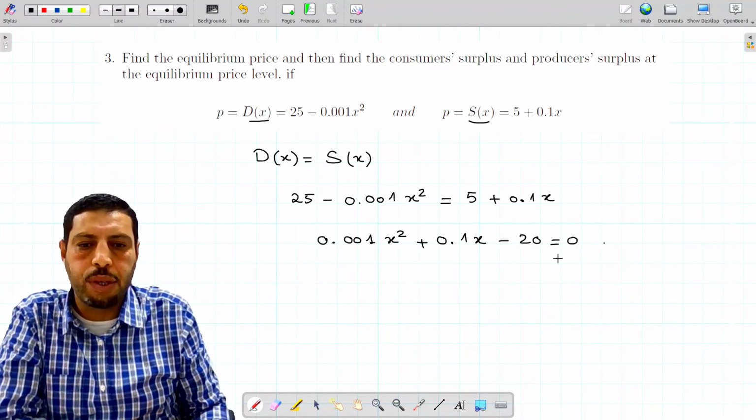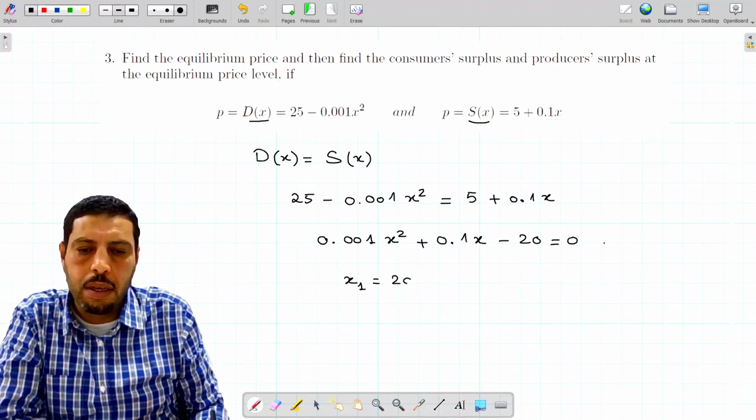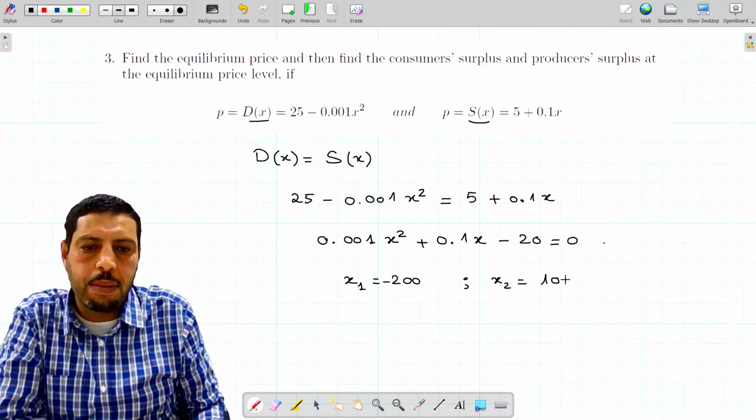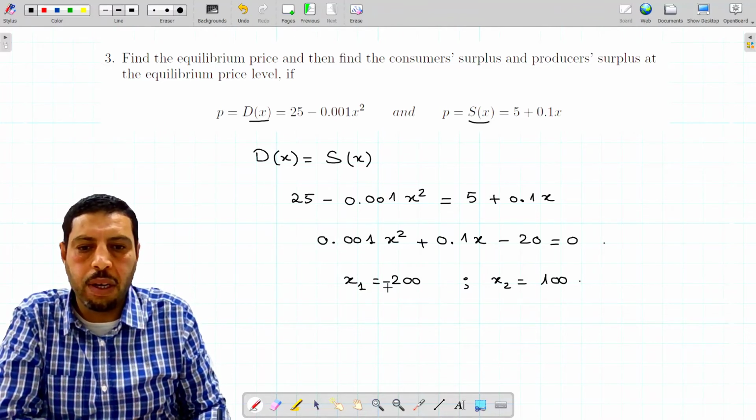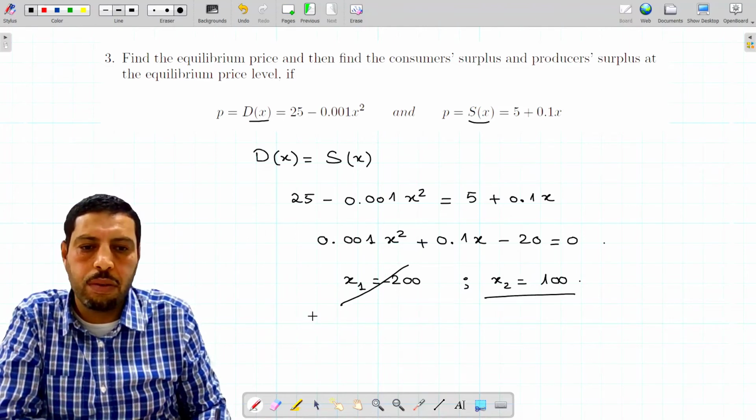Here you're going to find two solutions for this second degree equation. The first one is x1 equals negative 200, and the second one is 100. As I said previously, x represents a quantity, which is the demand, so it can't be negative. This must be excluded, so x bar is equal to 100.